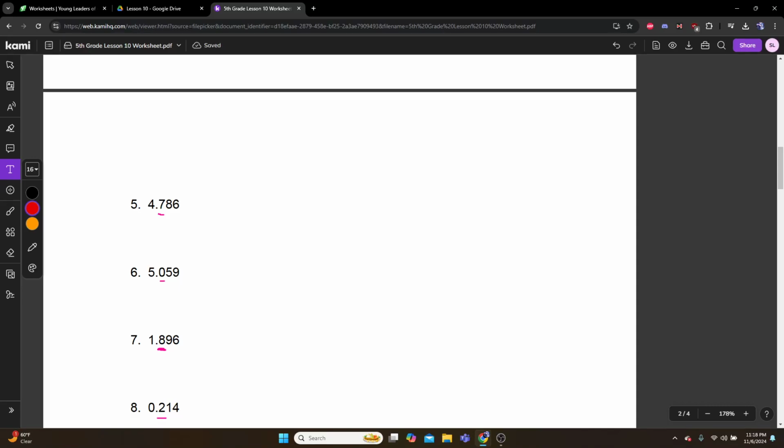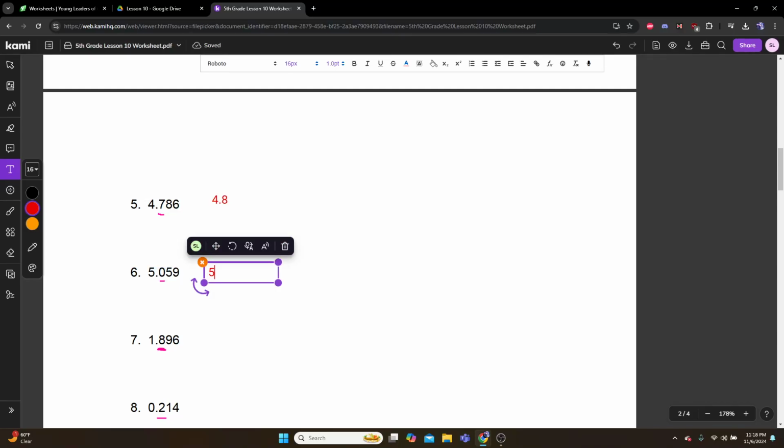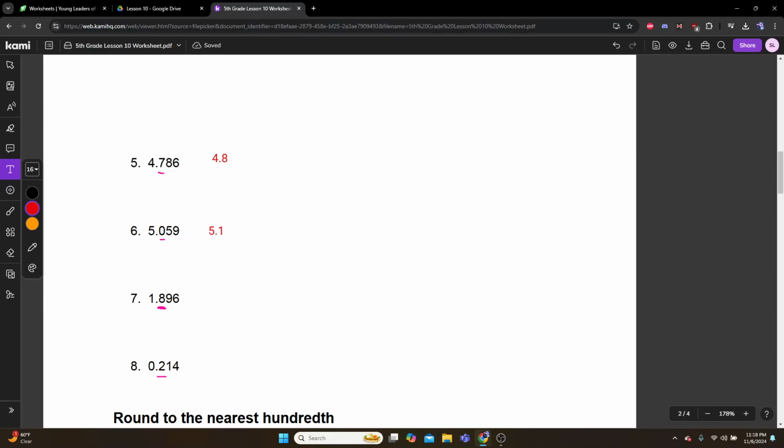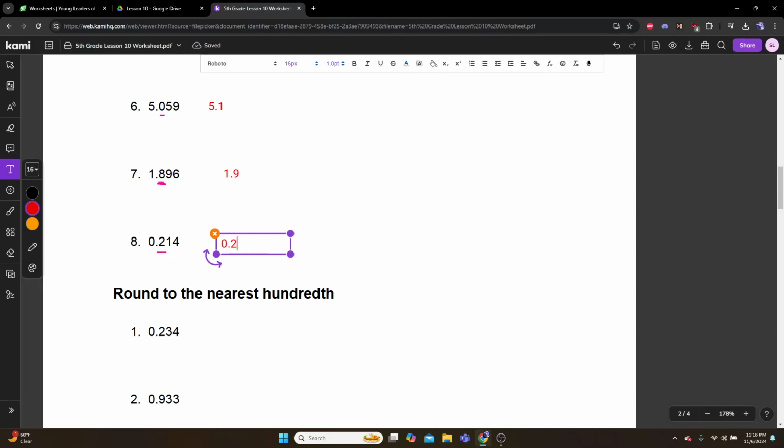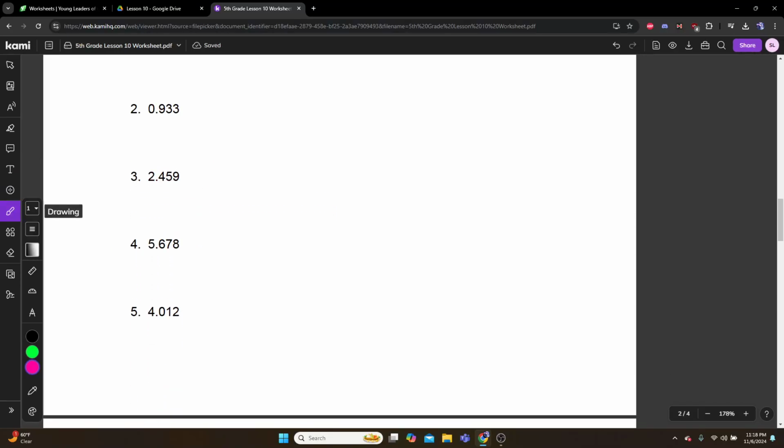So for number 5, we know that the number that comes after 7 is 8, and since it's 5 or above, we round it up, so this would be 4.8. Number 6, the number that comes after, we would round up since it's 5, so this would just be 5.1. Number 7, we know that after 8 comes 9, so we would round up, so 1.9. And then for number 8, just 0.2 since it stays the same.